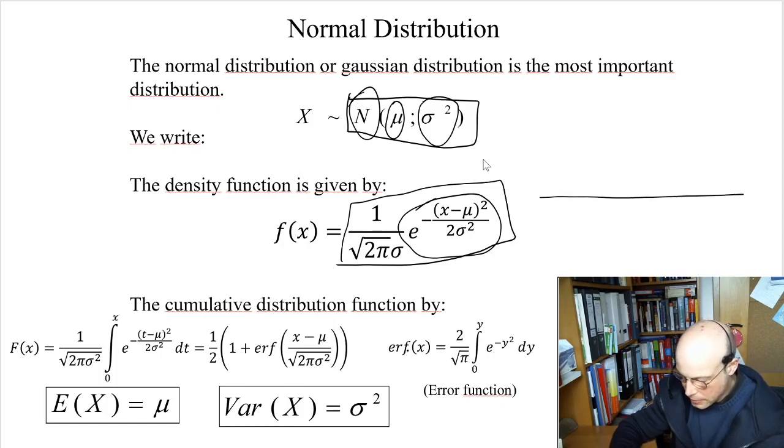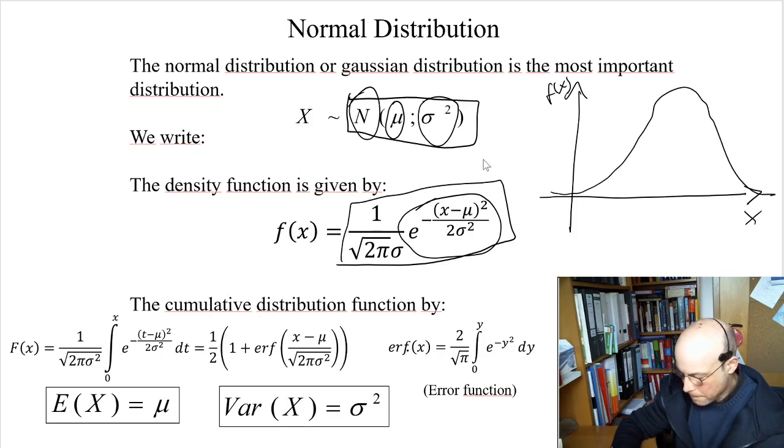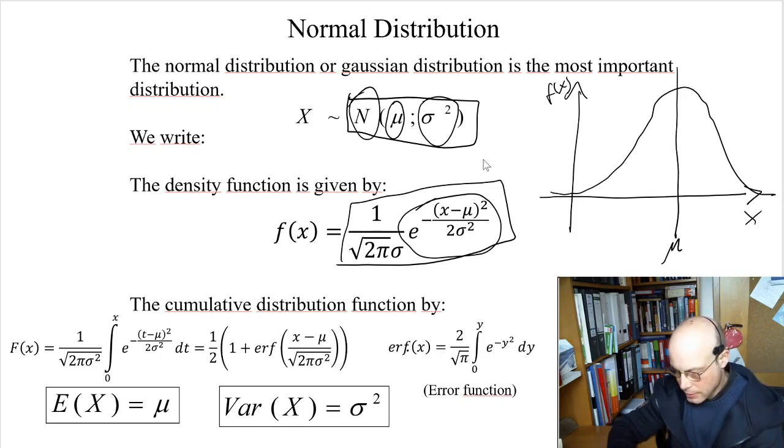And of course, our normal distribution function looks like this. So this is here our density function.